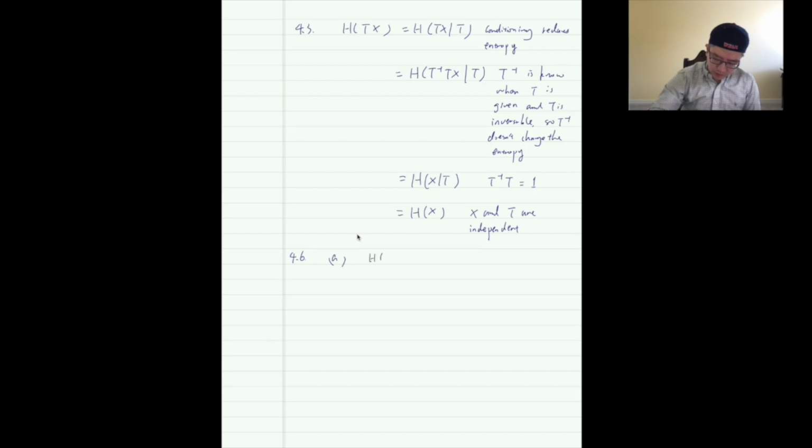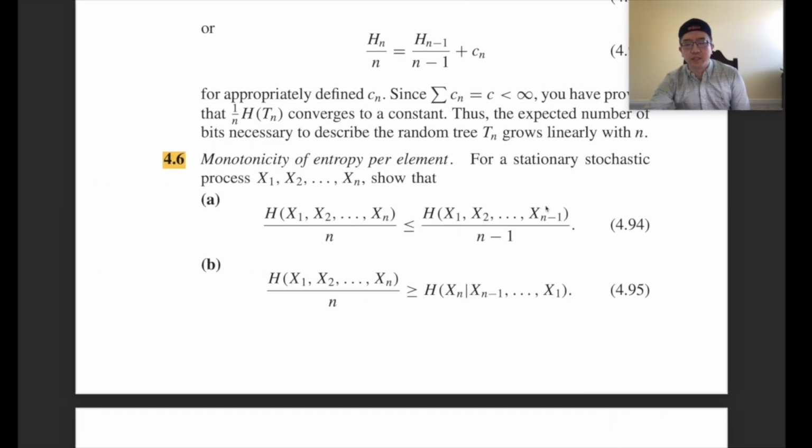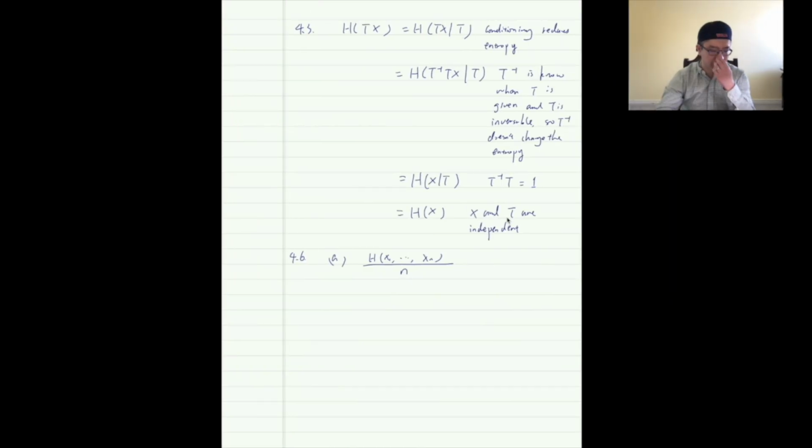So let's write it down, H of x1 till xn over n. Okay, so normally when we get this, the first step is that because here we need something about n minus 1, right? Therefore, we may want to use the chain rule to make this term appear, right?